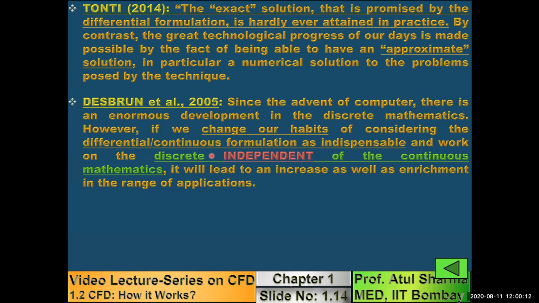He has mentioned that if we can work with discrete math independent of continuous math for algebraic formulation, it will lead to an increase as well as enrichment in the range of applications.